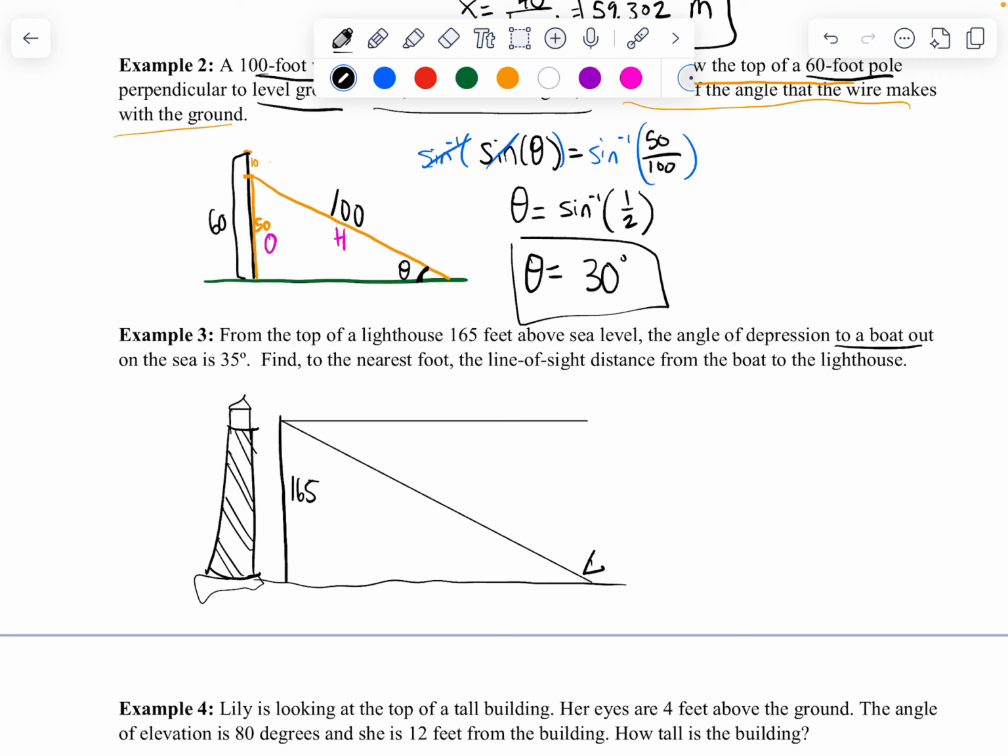So we have a boat out at sea, there we go. And that is a 35-degree angle. So essentially what's happening here is I have a from-horizon-down angle of depression, 35-degree angle, from lighthouse to boat. Now, I know this vertical distance is 165 on my triangle, so that's nice.